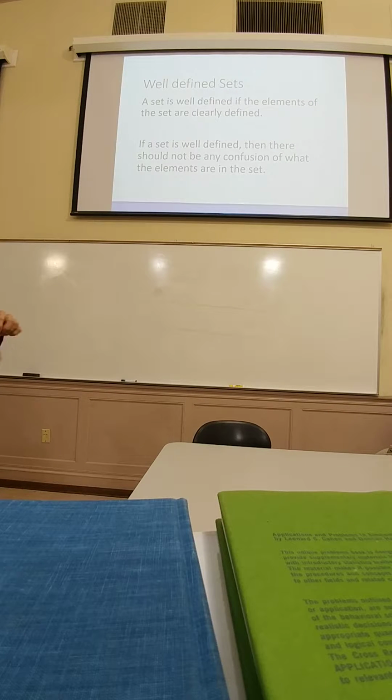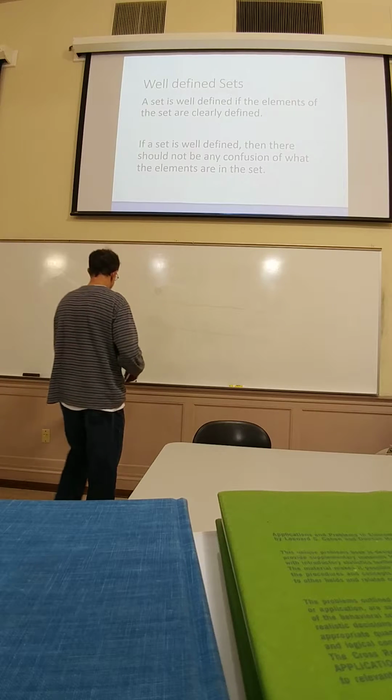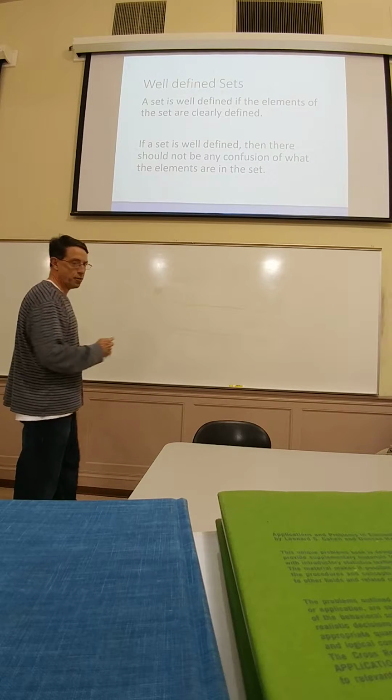my question was, what are the limitations in describing a set? Well, a set is well defined if the elements of the set are clearly defined. What that means is, is there any confusion about what the elements are in the set? I could put an example up here.